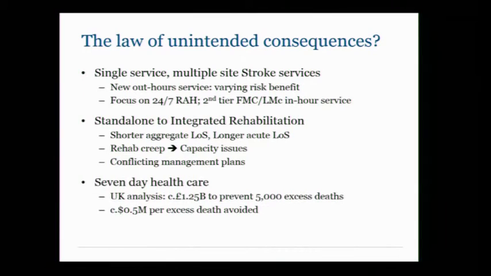The final, more general issue is around this move towards 7-day healthcare, which is an overarching objective of Transforming Health. And here we can draw on some work again in the UK, which is another area where there's really been a lot of interest. And some health economists did some analyses there that estimated that it was going to cost around £1.25 billion to provide 7-day healthcare.